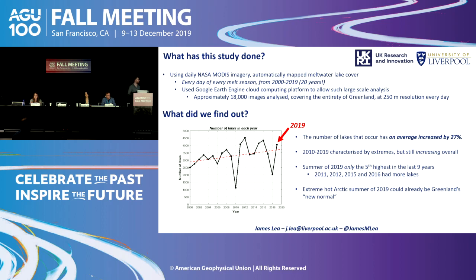And we're still trying to work out precisely what the reasons are for that. But what this generally means is that 2019, even though we had such an extreme melt year, and we're having these earlier large numbers of lakes, means that the numbers of lakes we're experiencing now could really pretty much be the new normal for Greenland in terms of the frequency of new lakes.